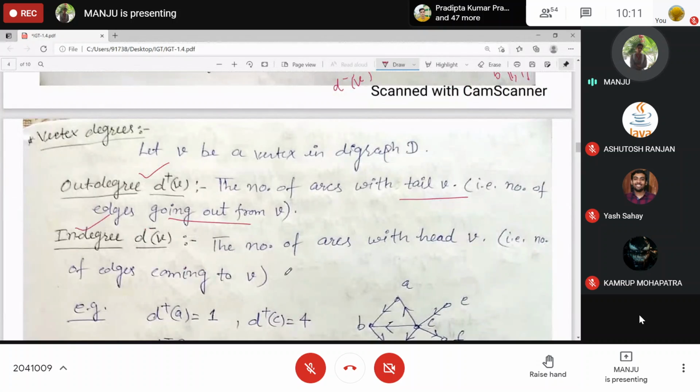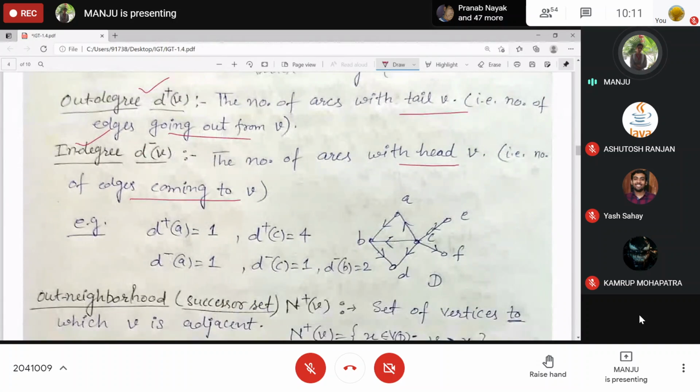In degree is the number of arcs coming to the vertex, and coming towards the vertex means with head V. Okay. For example, in this case, what is the out degree of A? 1. And in degree 1.